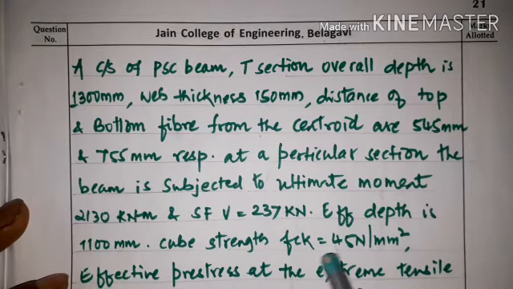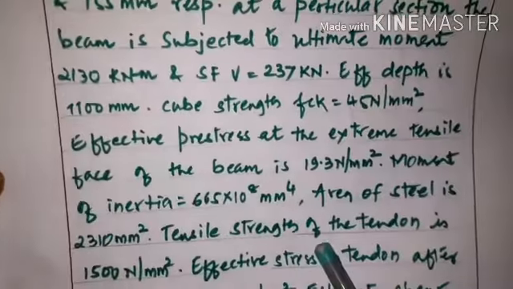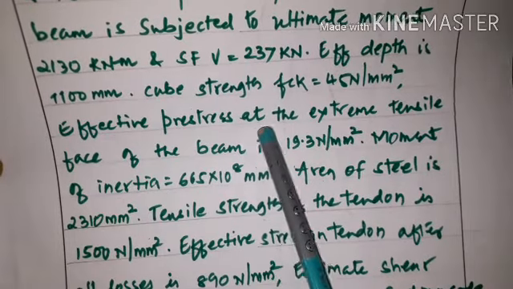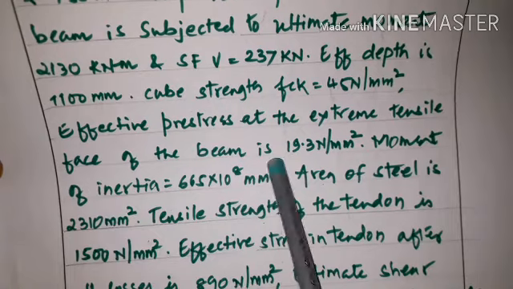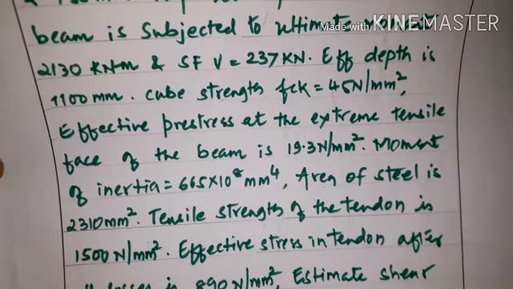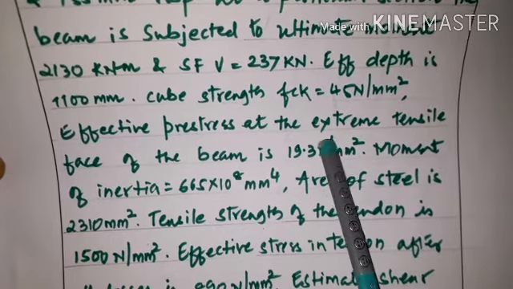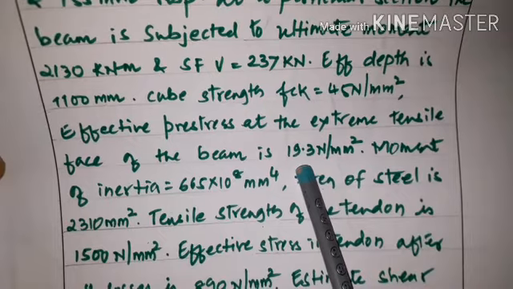Cube strength fck is equal to 45 Newton per mm square. Effective pre-stress at the extreme tensile face of the beam is 19.3 Newton per mm square.